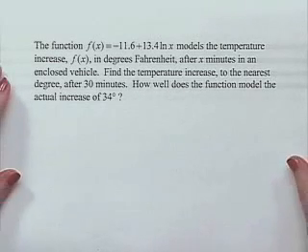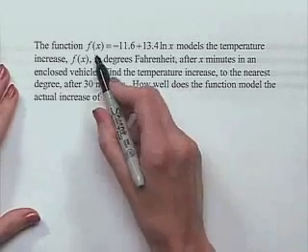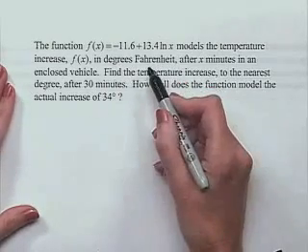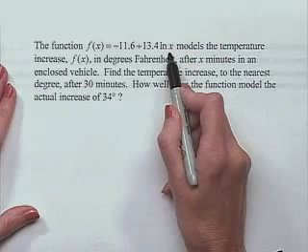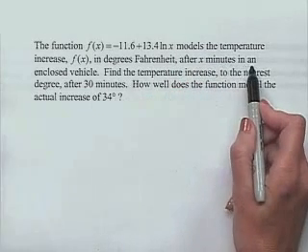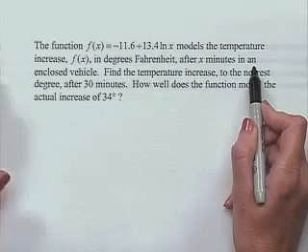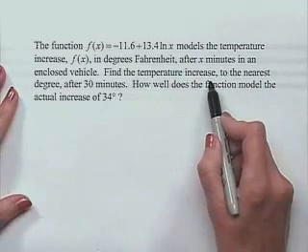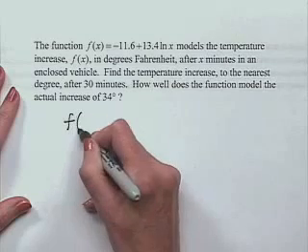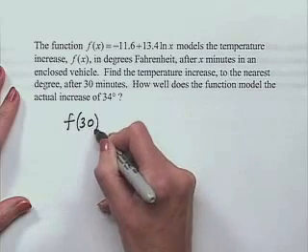To use a function like this, we have to make sure we understand what we're substituting for. The x value in the function stands for the number of minutes after we've been in an enclosed vehicle. So to find the temperature increase to the nearest degree after 30 minutes, we recognize that all we have to do is to evaluate f of 30.